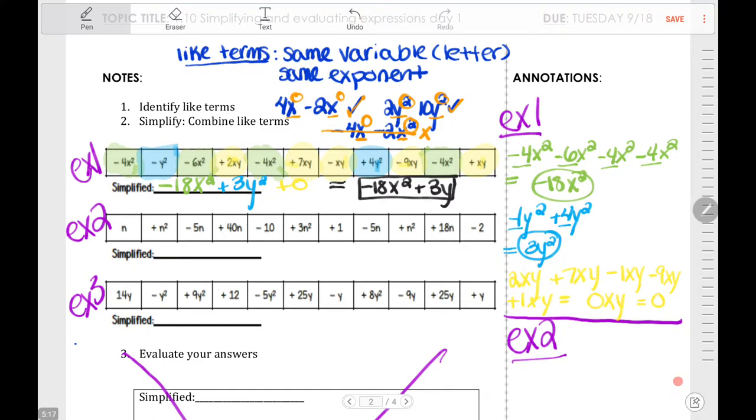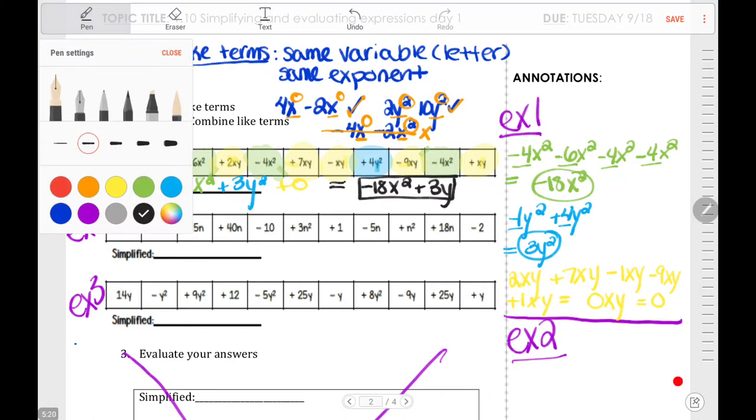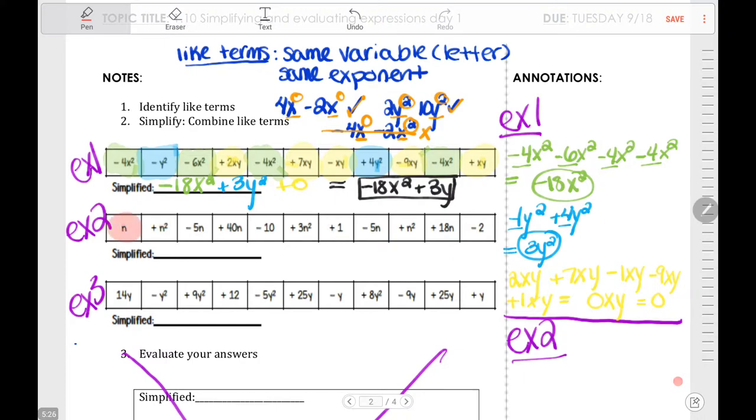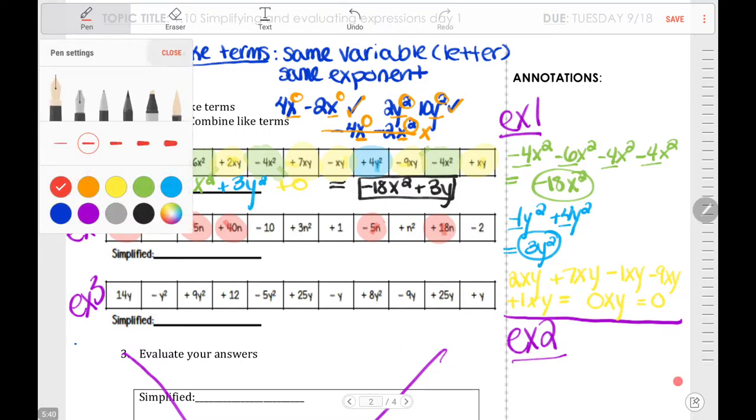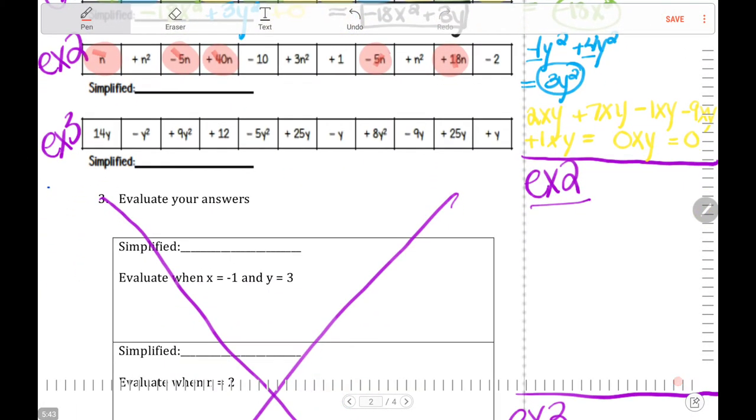All right, let's do example number 2 together. First term I see has an n, so I'm going to find anything else with that same variable and same exponent. So I'm only looking for things with an n. I think I got them all. Let me scan again. Good. So we're going to go ahead and group it. Okay.